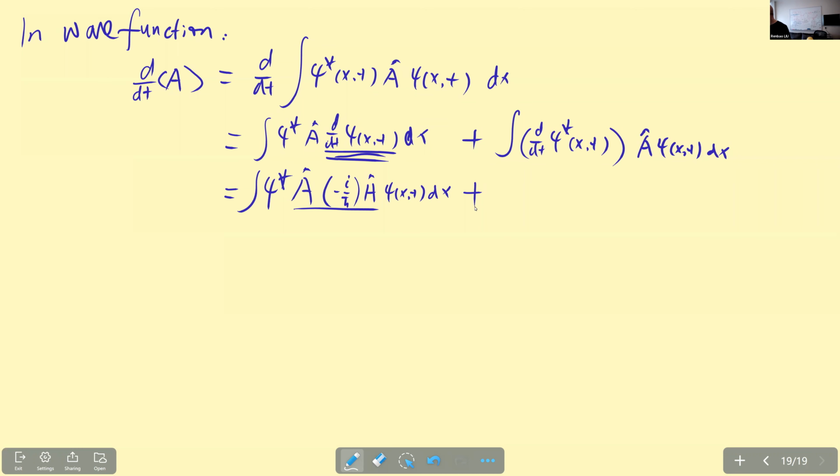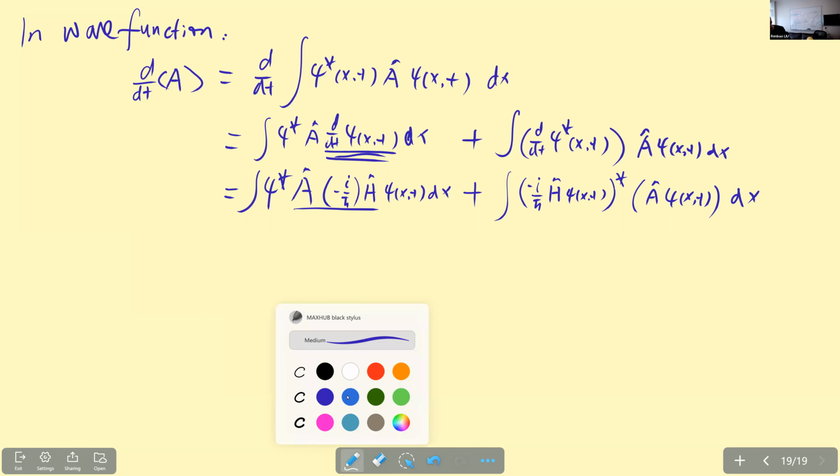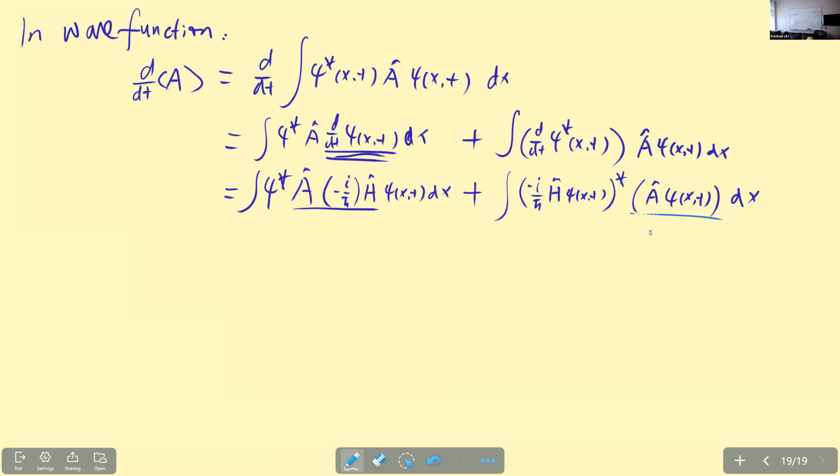And then you add another term. The other term will be slightly different. It will equal minus i over h bar H acting on psi x,t, and then take its complex conjugate, and this is a psi x,t, dx. Now take this one as phi.